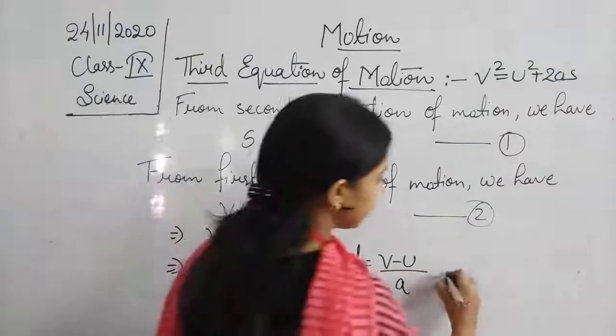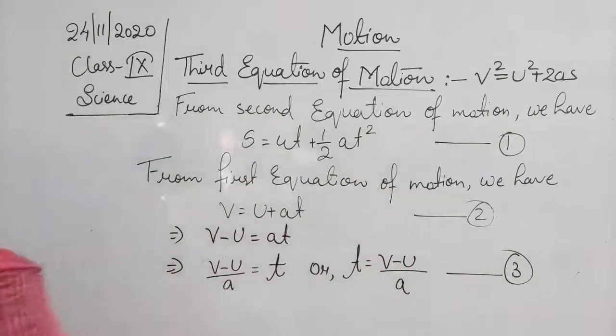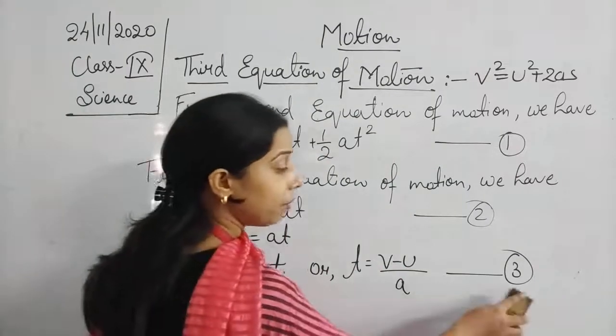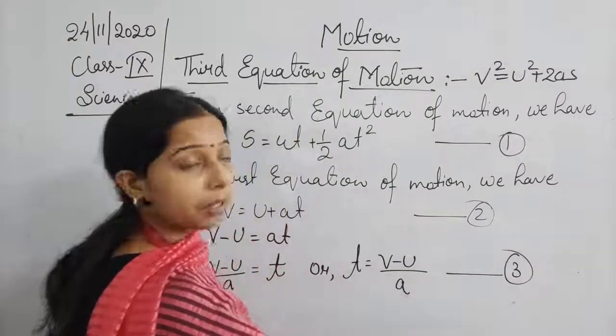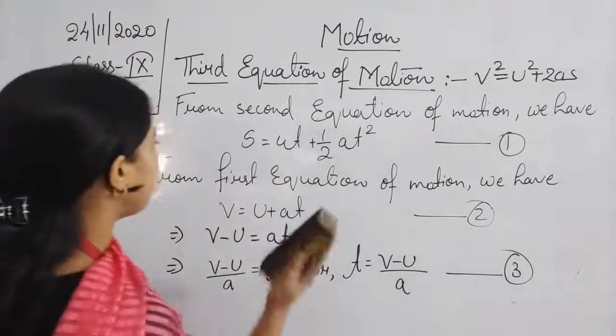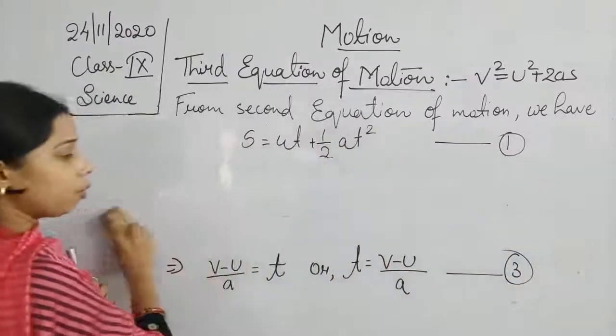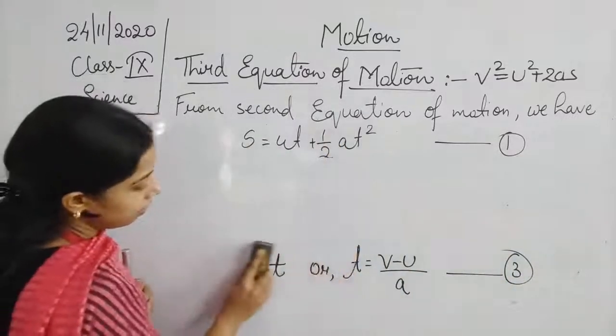We will take this equation as the third equation. Now you see we get the value of t here. Now let us see what will happen when we put the value of t from the third equation into the first equation. I am rubbing this out, students. I hope all of you have written it.